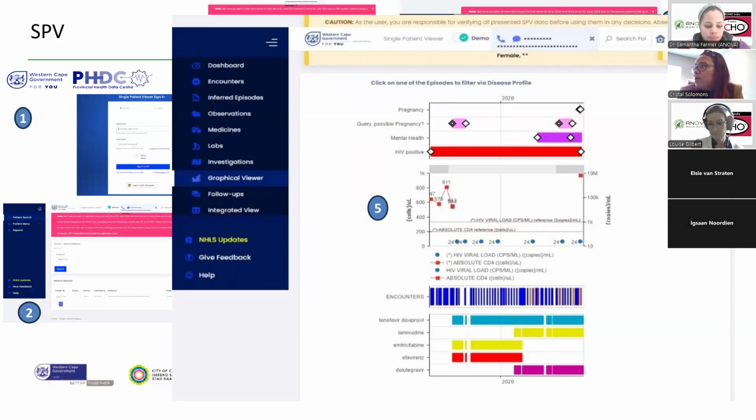There's also the viral load while the patient is on treatment, and the medication. From a clinical perspective, this is great. You can go back and review the patient information, and then plan your clinical management for the patient.